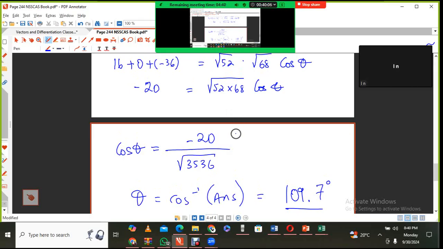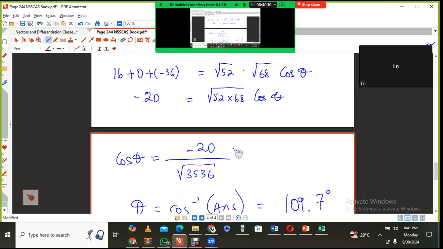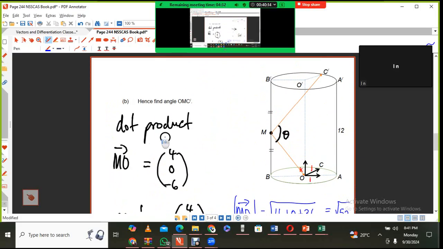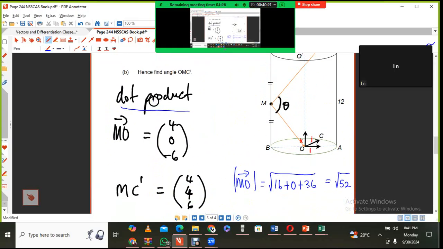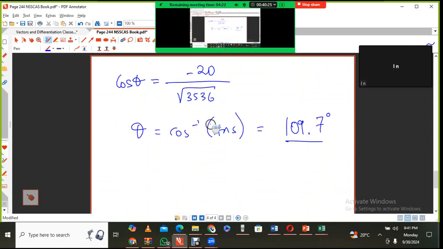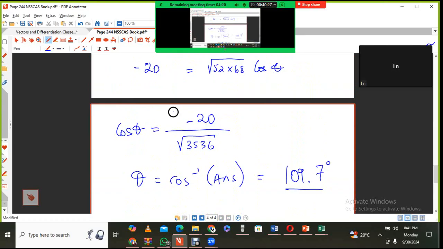So obviously there are a few things that you have to get used to, like the dot product. We are going to go in depth into that tomorrow. The way we're going to derive it is by using the cosine rule. But as long as you have that and you have your formula sheet, you should not have a problem with that.